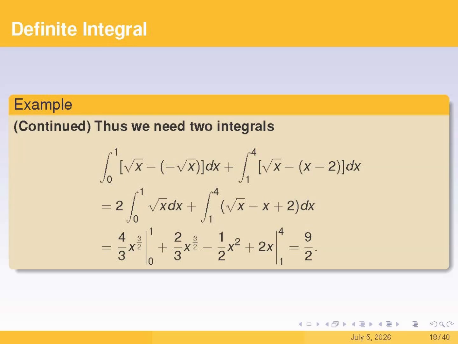Then, from 1 to 4, the upper boundary is still square root of x, but the lower boundary becomes x minus 2. Subtracting those gives us the second integral. After doing some algebra, we get the expression on the second line. From there, we just find the antiderivatives to get our final numerical answer, as shown in the very last line.